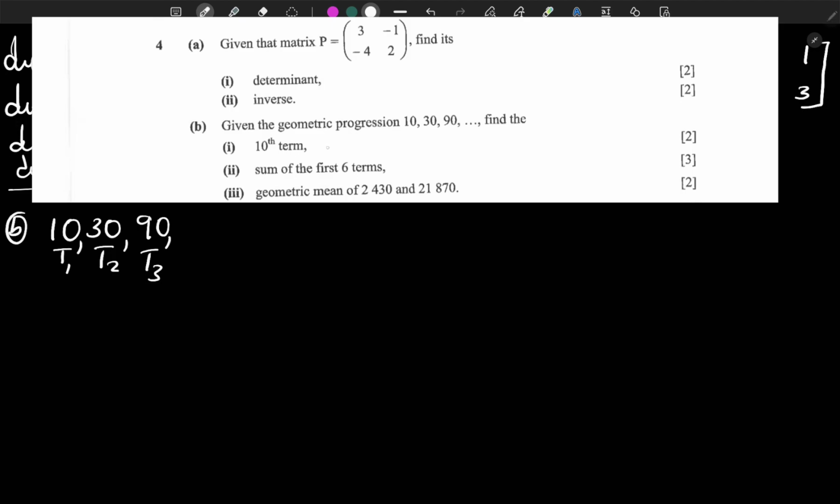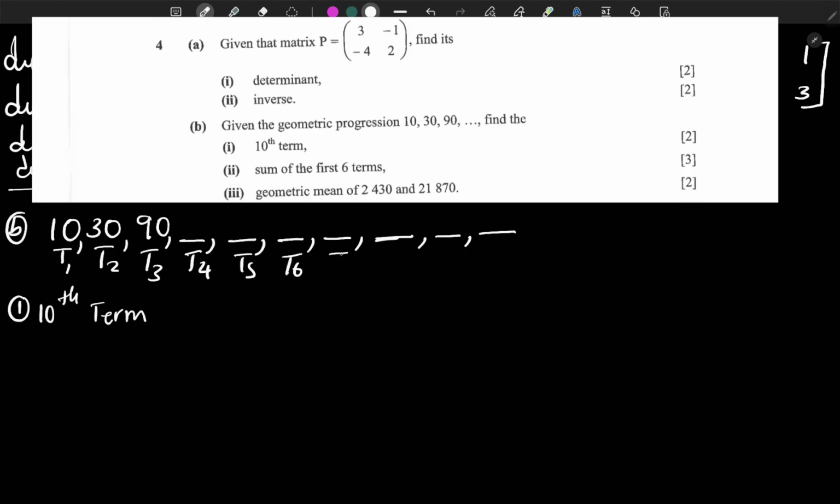So the first question is we want to find the 10th term. So 10th term is the number on position number 10. So we'll have 4th term, 5th, 6th, 7th, 8th, 9th, 10th. So the number that we need is on this position.